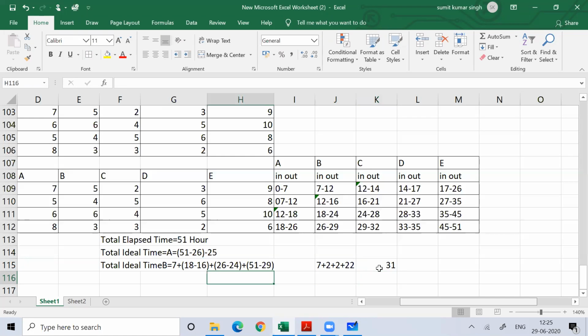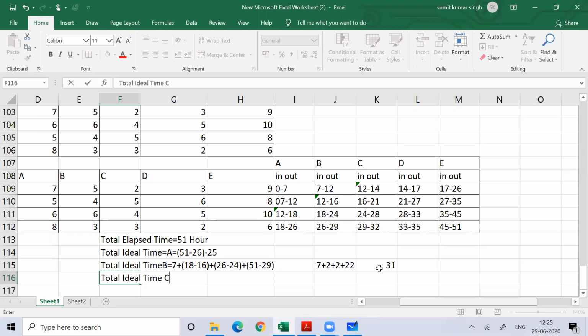Then I'll find the total idle time of C. C waited for 12.